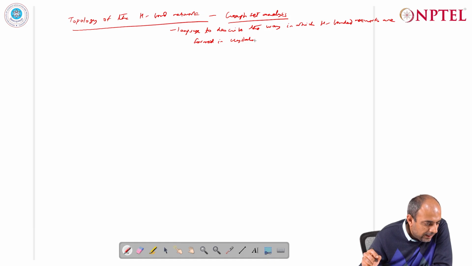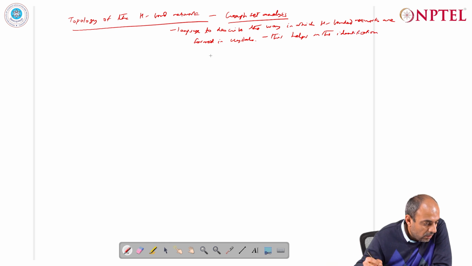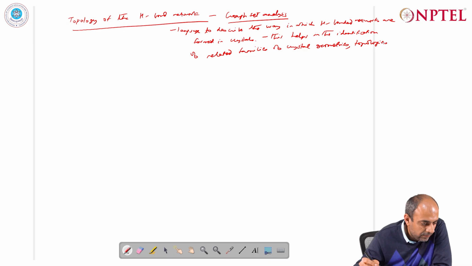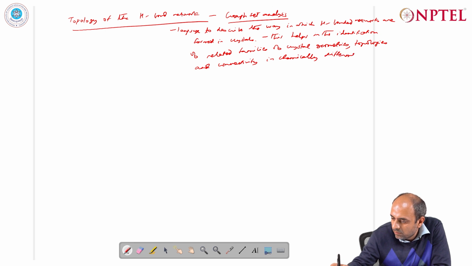And this language helps in the identification of related families of crystal geometries, topologies, and connectivity in chemically different structures.